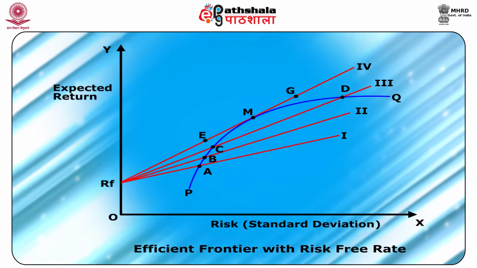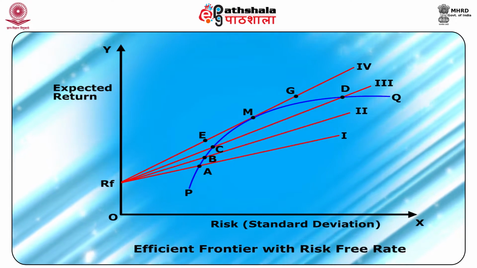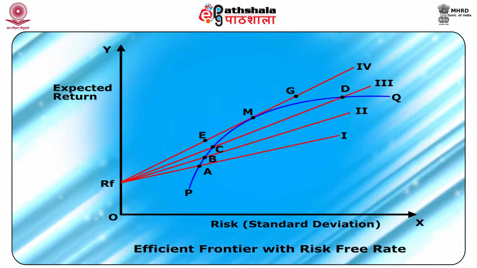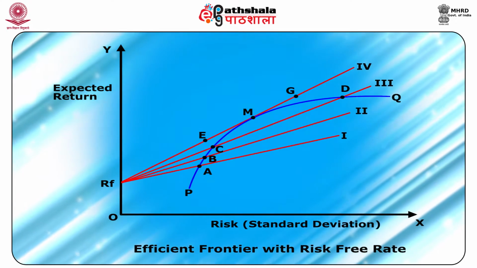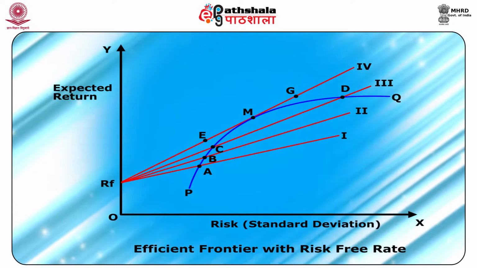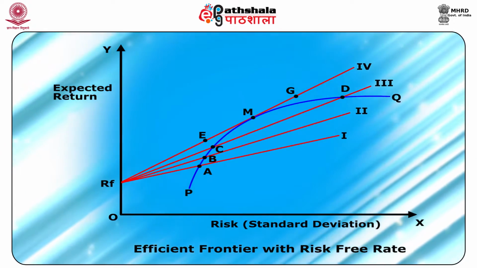Although the investor can choose either of the portfolios A, B, C or D along the efficient frontier curve PCQ, or reach any point on lines 1, 2 or 3, none of the points is optimal.